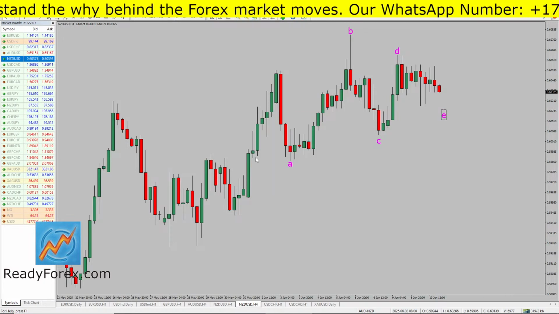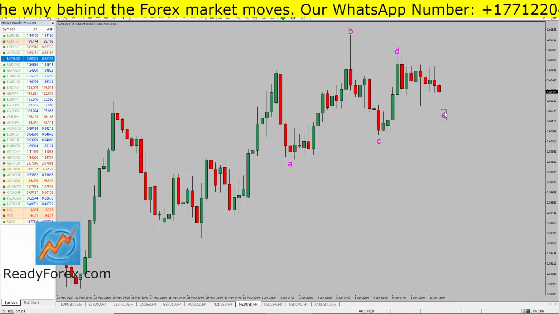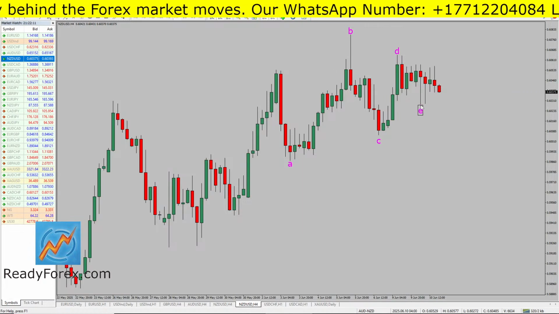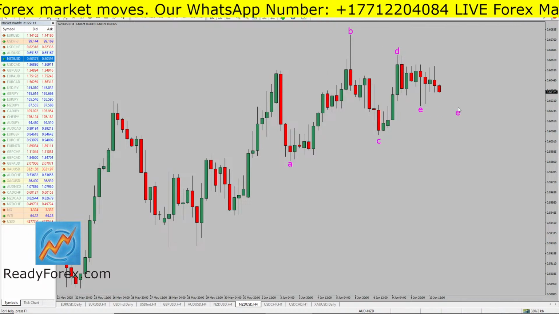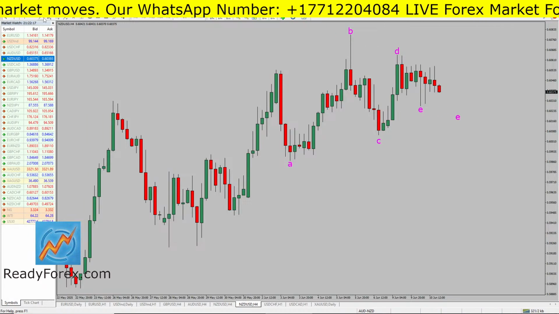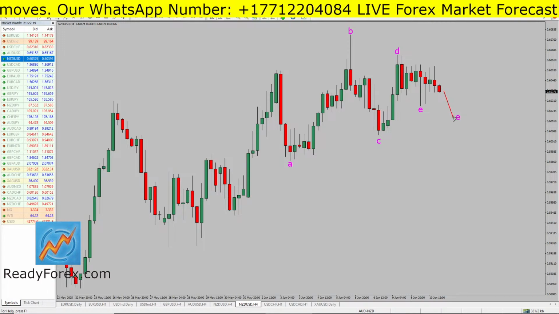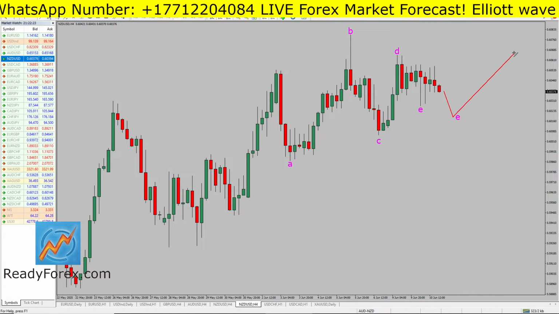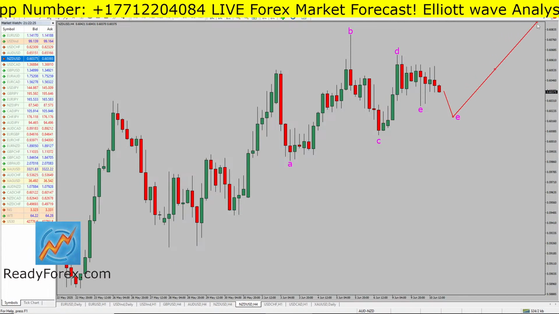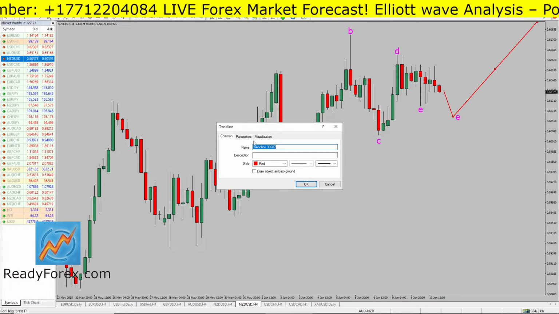Okay, and once market is going to complete wave E, maybe wave E has already been completed, it's done, or maybe market is going to drop one more time, and we get a drop in price action. After that, expect a bullish leg further.